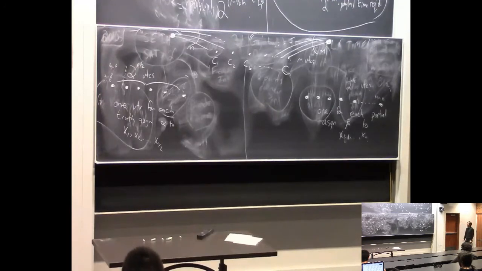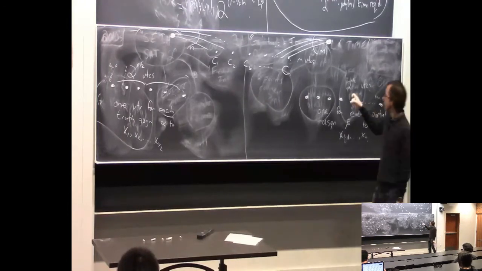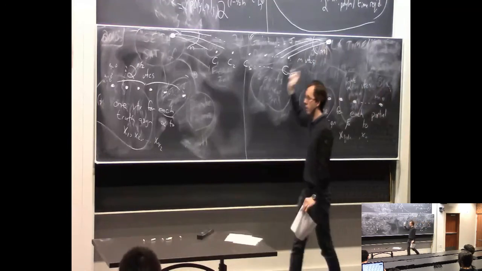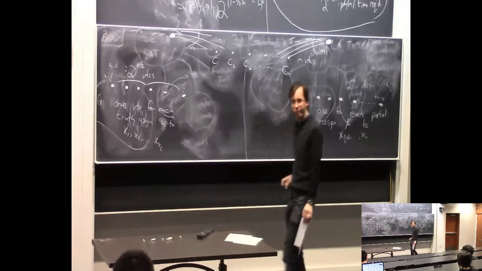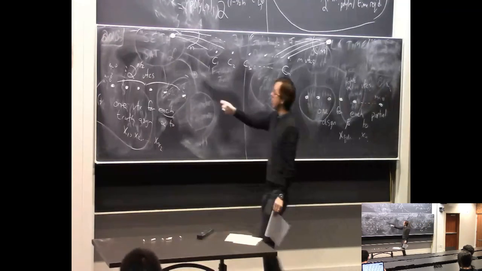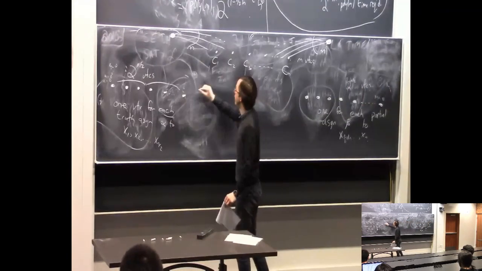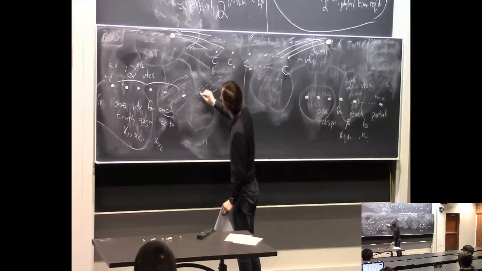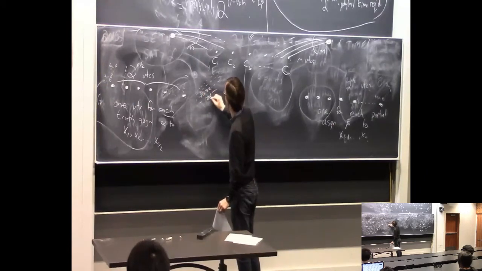Okay. I still haven't finished drawing the graph, but I've finished drawing all the vertices. So there's 2 times 2 to the n over 2 plus m plus 2 vertices, which I think is what I promised. And there are going to be some edges between these vertices and these vertices, but let me come back to that. Some edges, which I'll define in a second.